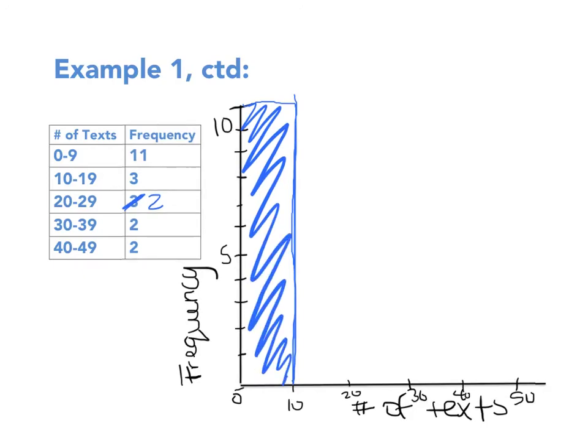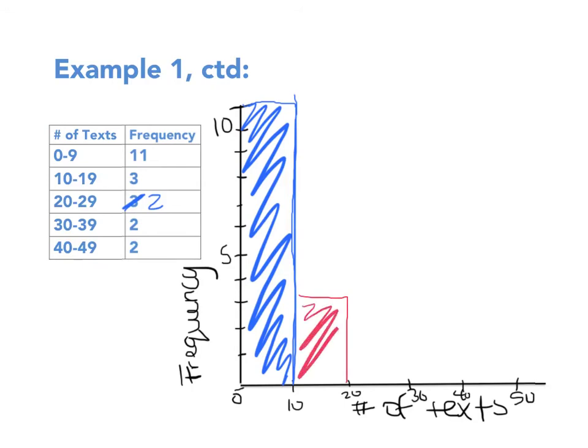And how you read histograms is you go from the first point to the next. So whatever this point is, it's included in the grouping to the right. So 0 to 9, and then 10 is included in the grouping to the right, and then 20 is included in the grouping to the right, just like it shows in our frequency table here. Then I have a bar of 3.